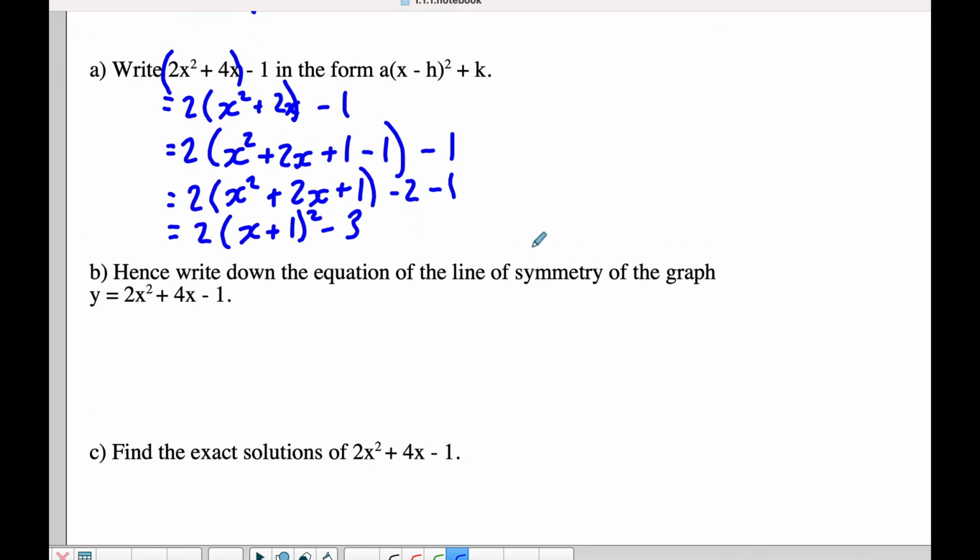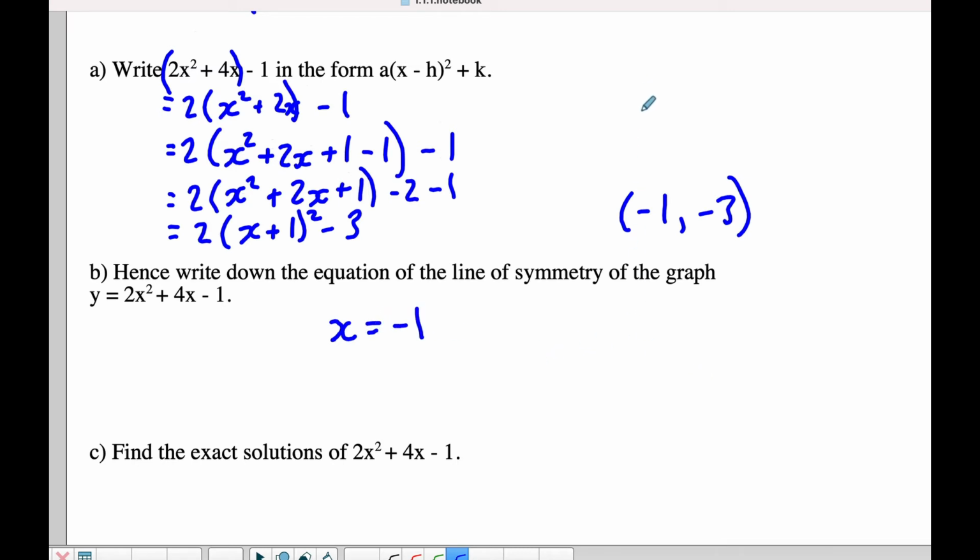So now we need to find the axis of symmetry of this, and the vertex of this graph is going to be negative 1, negative 3. And at the vertex, the x term tells you the axis of symmetry. And so the axis of symmetry is going to be x is equal to negative 1.